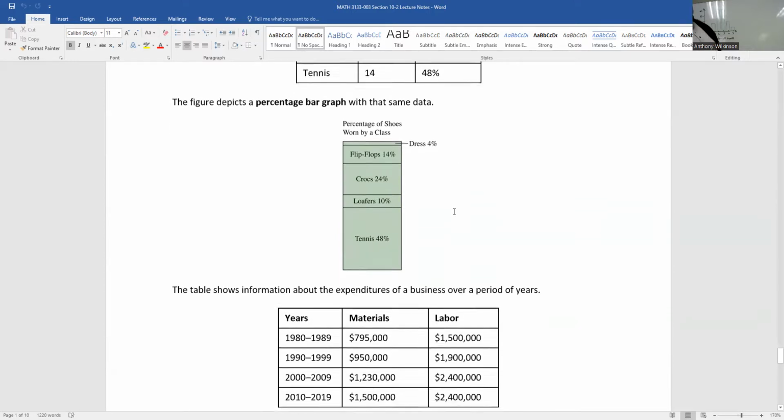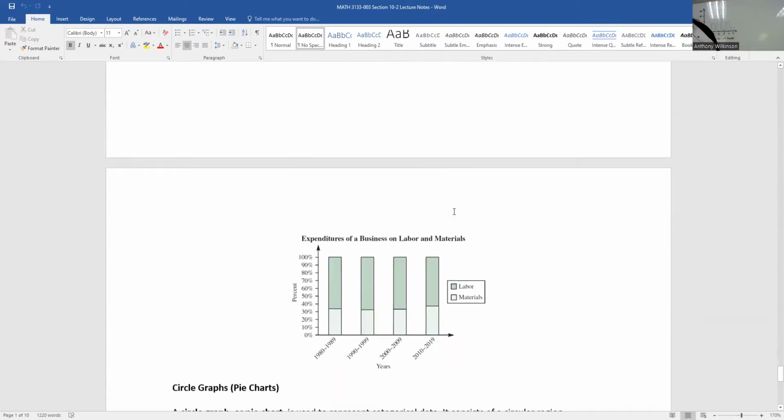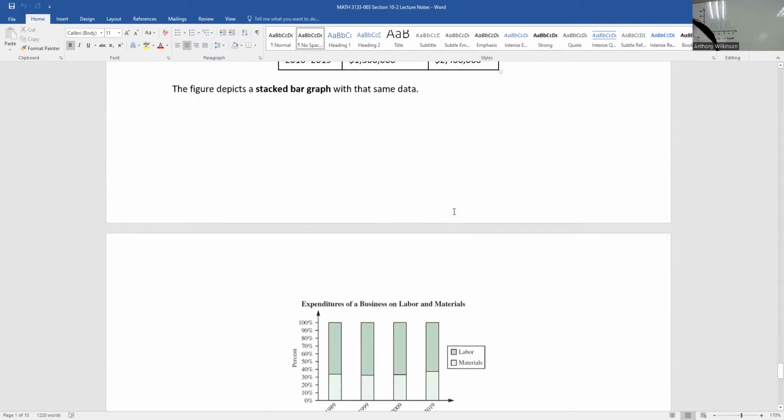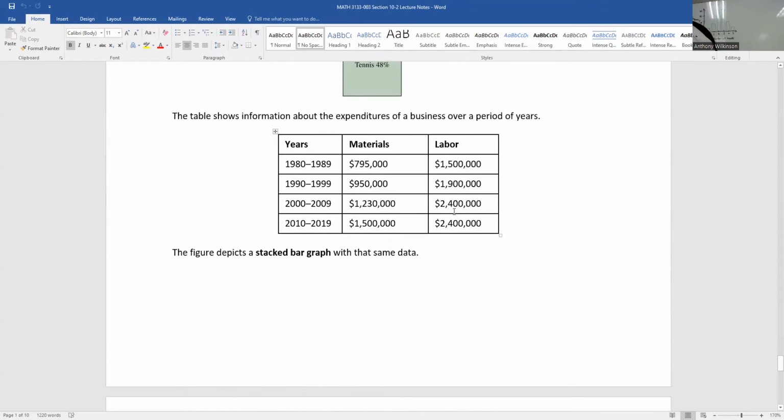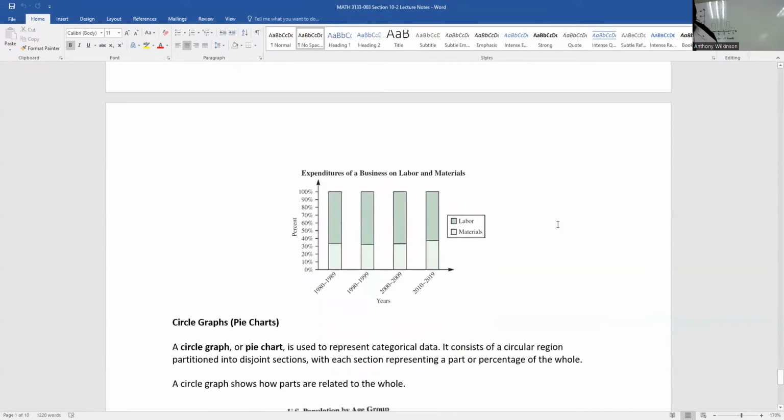Now, also you have something called the stacked bar graph. So this is what the stacked bar graph looks like on the next page. This comes from the table shown about expenditures of a business over a period of years. Here they have this in two separate categories, materials and labor. So if you use a stacked bar graph, it will look like this, where the materials are on the bottom, and then the percentage for labor is on top.